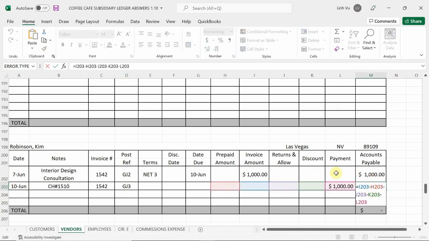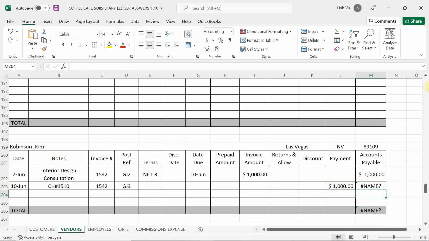is the amount number minus prepaid minus returns minus discounts minus payments, right? Because I have no number associated in my amount, that produced a negative number, giving me a negative $1,000.